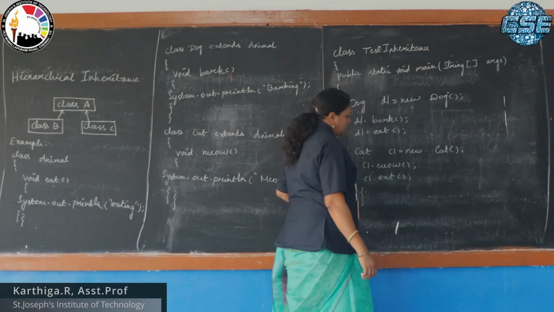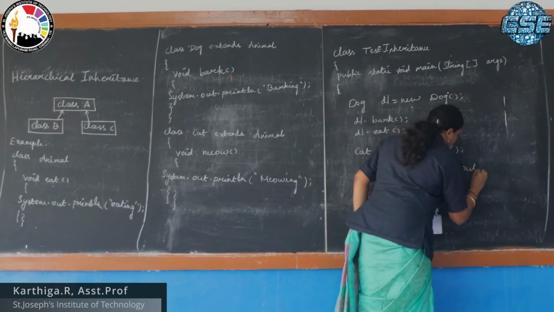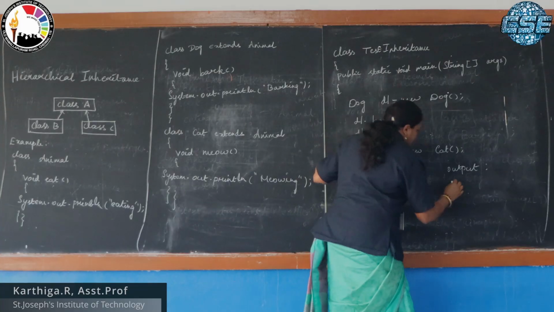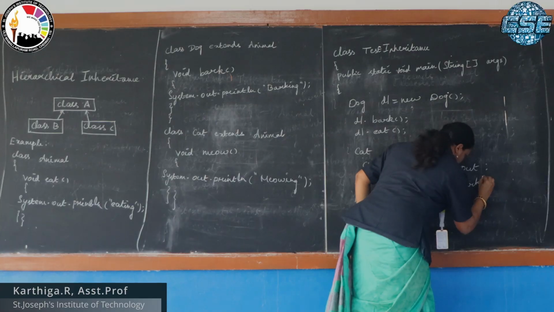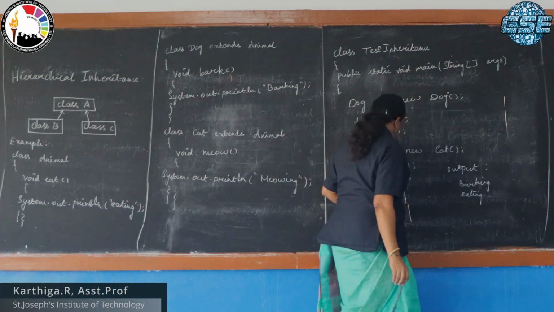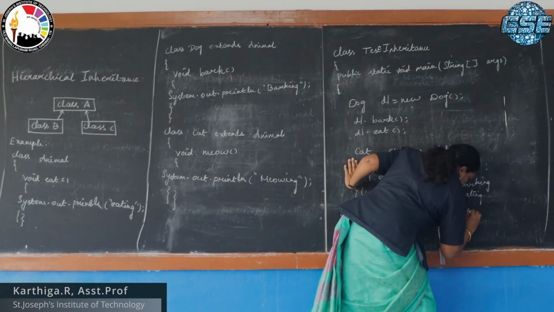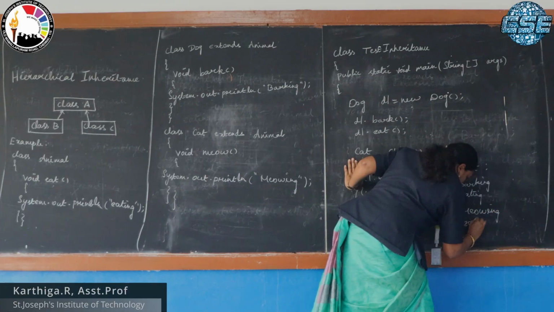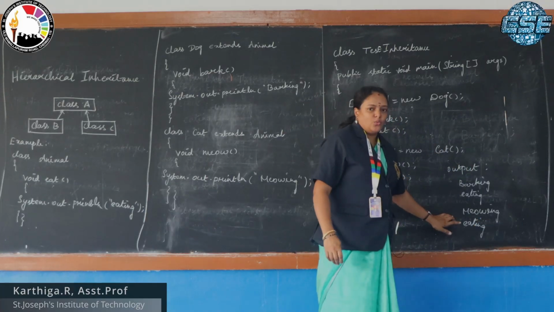Then here the output will be, for the first child and for the second child: barking, eating, mewing, eating.